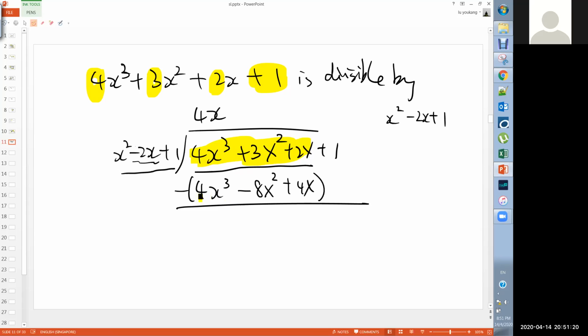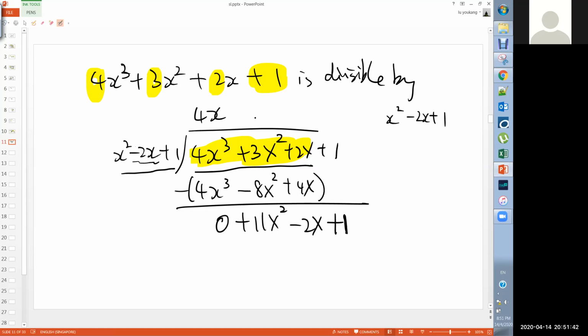Minus the bracket. So 4x cubed minus 0. Minus, so this is plus 8x squared. So 3x squared plus 8x squared, 11x squared. Plus 2x minus 4x, minus 2x.